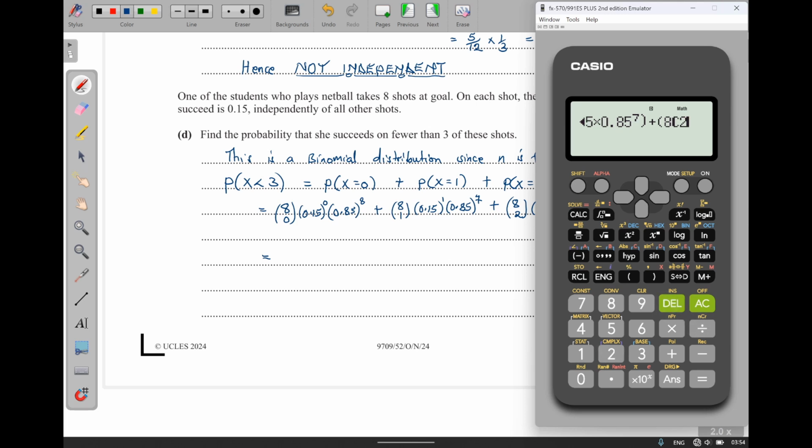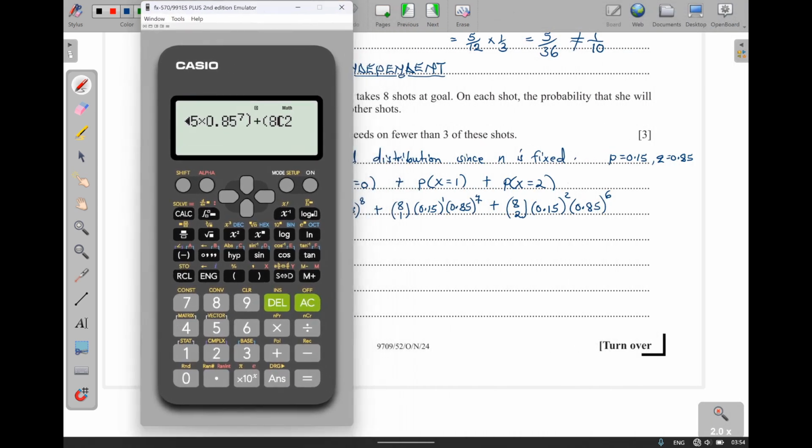8 combination 2, okay, 8 times 7, that is 56, so when you divide by 2, that will be 28.